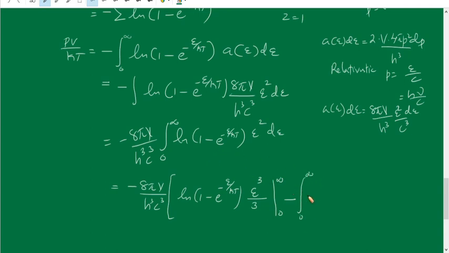The differential of the first term means 1 divided by (1 − e^(−ε/kT)) into the differential of the bracket term.